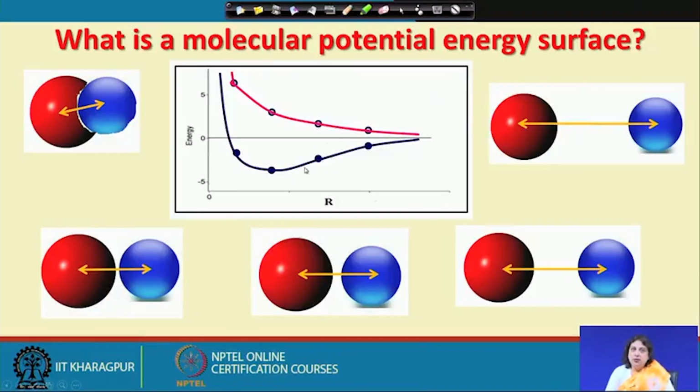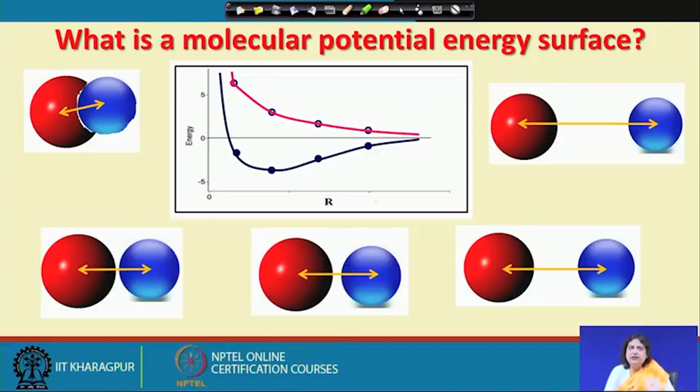The lower curve is the ground state potential energy curve for this system, and this is the first excited state potential energy curve obtained from the first excited state solution at different geometries.